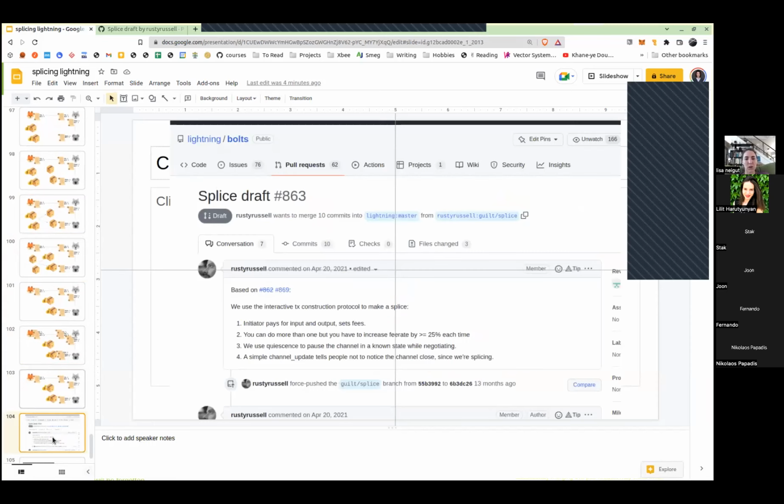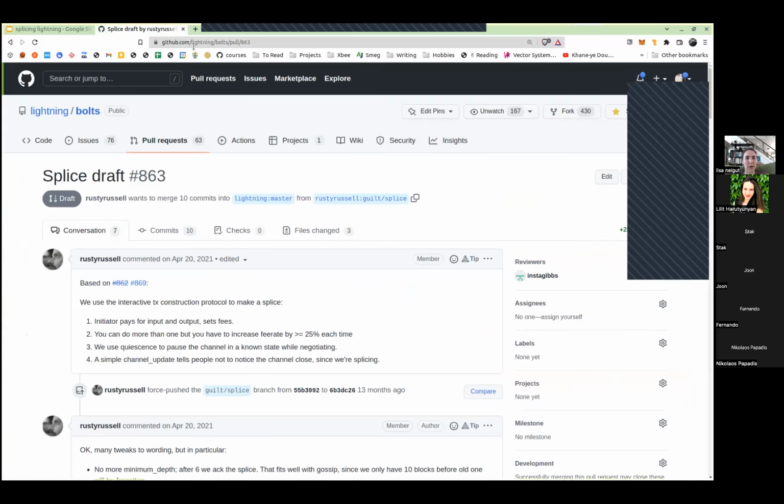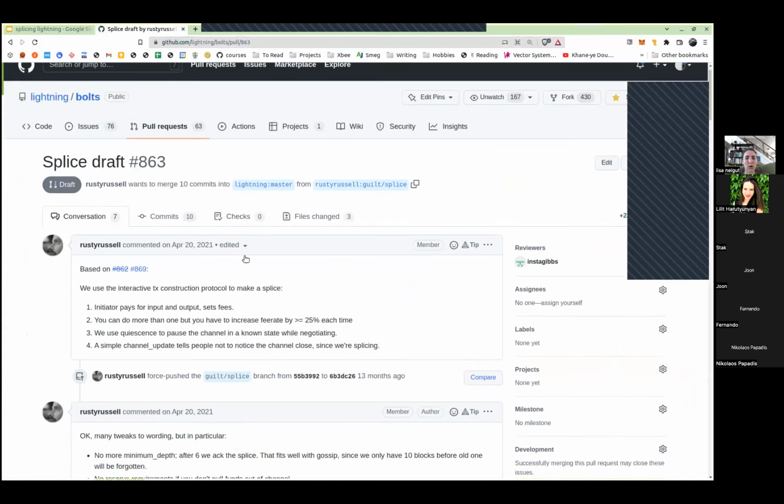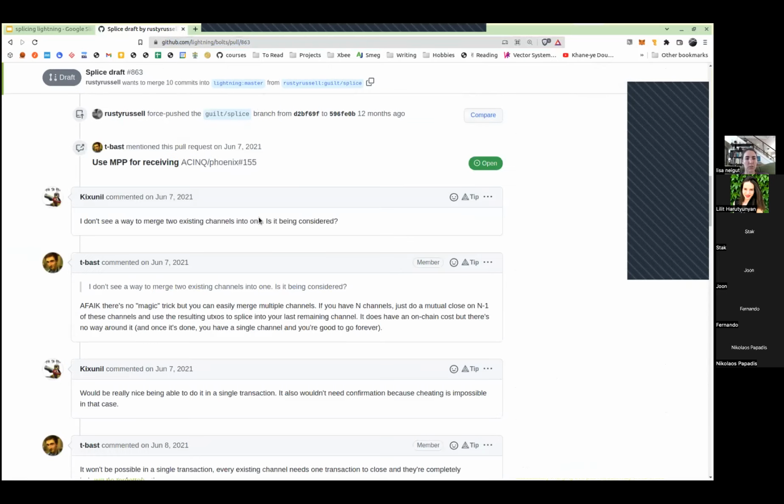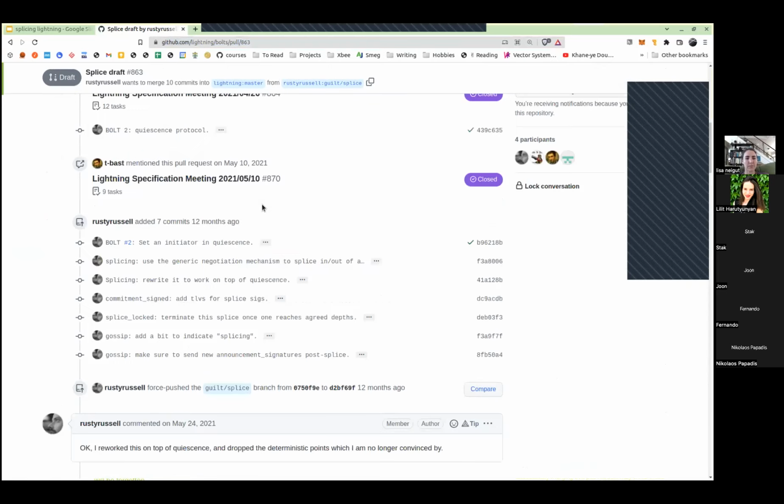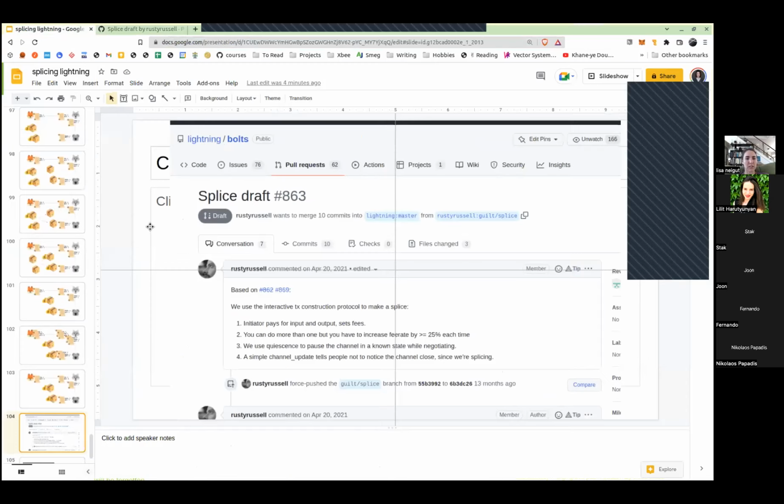If you want to read more, there is a draft for the splice out, which is what we're building on. So this is 1863. You can go look it up. If you're an engineer and want to see more about what's going on here, this is a good place to see it.